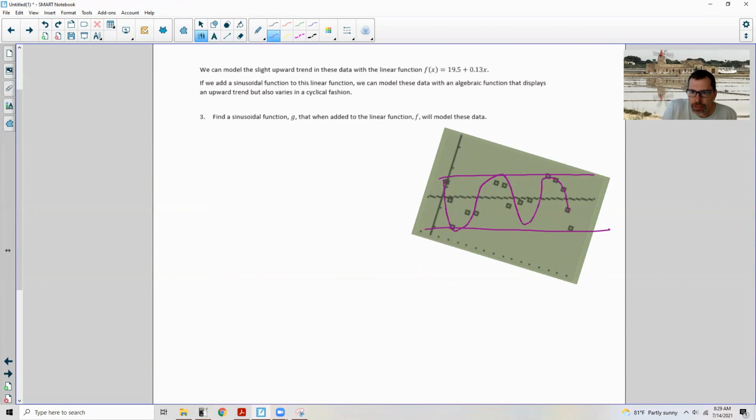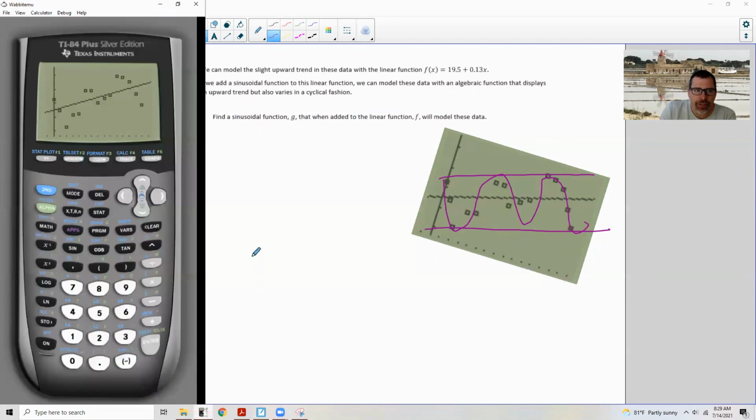Okay, obviously it's not a perfect fit, but you can see that that now appears to be somewhat sinusoidal. These are a little bit higher than they should be, and the midline's not quite centered between. Okay, but this gives us an idea. So it says find a sinusoidal function g that when added to the linear function f will model these data points. So what function would give us this?